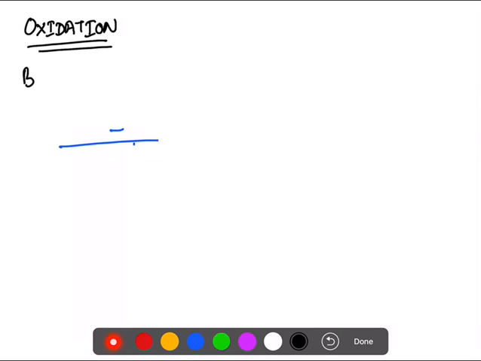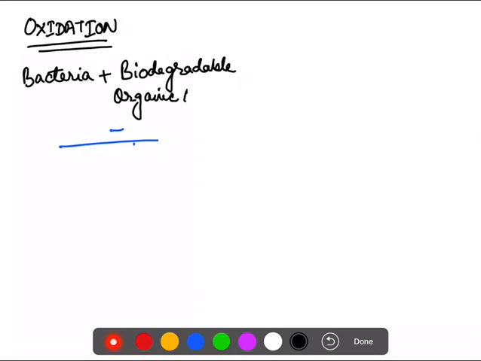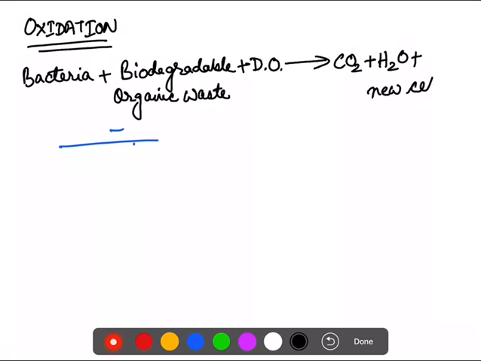So you have bacteria plus biodegradable organic waste plus dissolved oxygen will give carbon dioxide, water, and new bacterial cells.